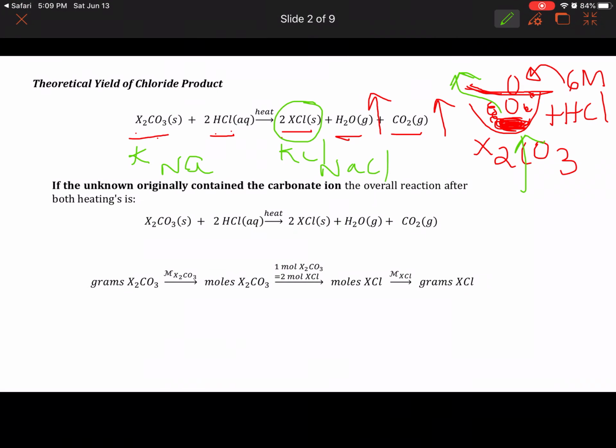You start with E grams, and that's the mass of metal carbonate. And then we need to convert to moles using the molar mass of the metal carbonate. So since our compound is potassium, we use the molar mass of potassium carbonate.